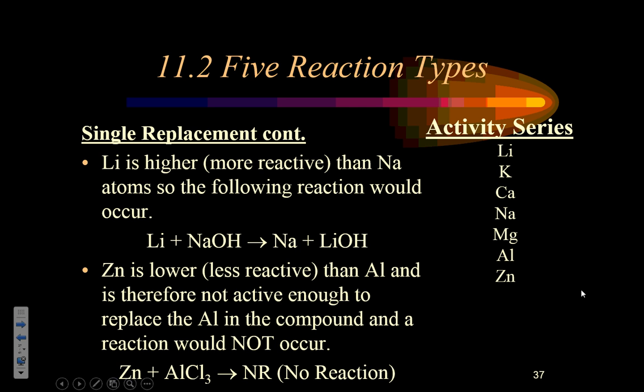So aluminum chloride is going to stay together, and the zinc is not going to do anything. It's not strong enough to force the aluminum out of solution and take its place. So zinc metal, when you throw it in aqueous aluminum chloride, doesn't cause any reaction at all. And that's because the zinc is not strong enough to force out the aluminum. So aluminum's more reactive. It already has the compound, so nothing's going to occur.